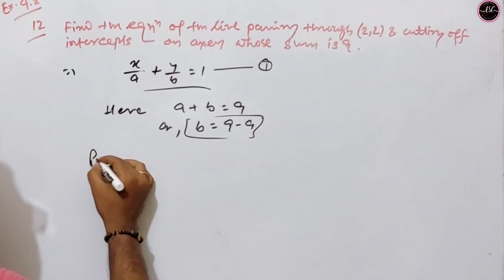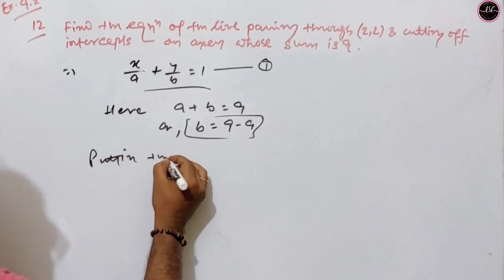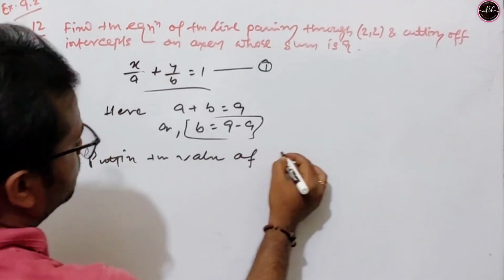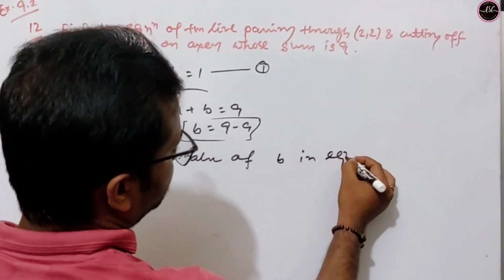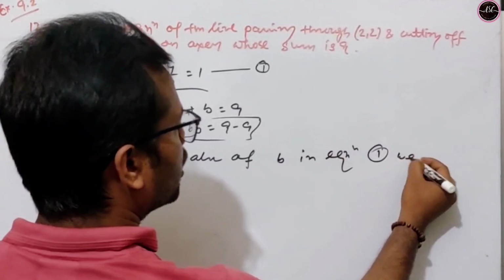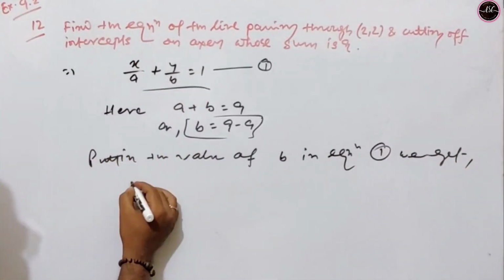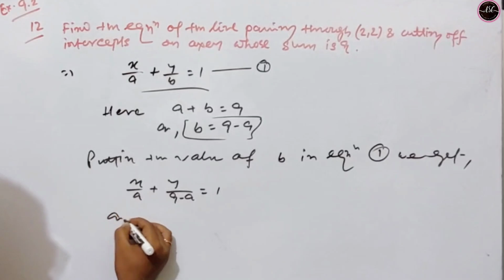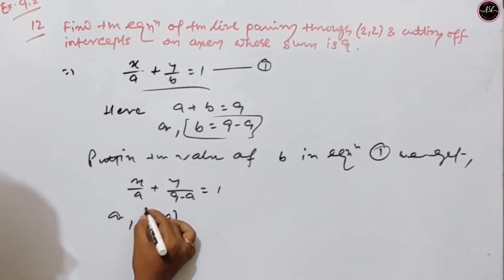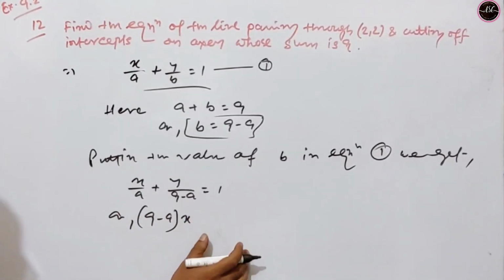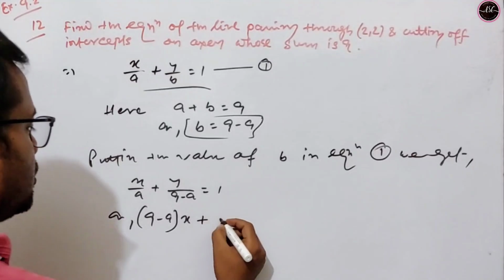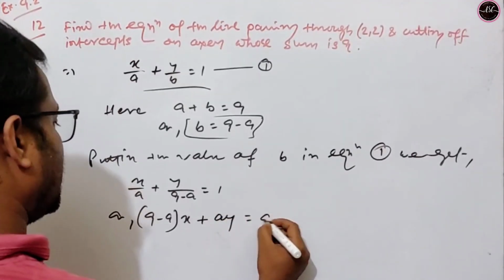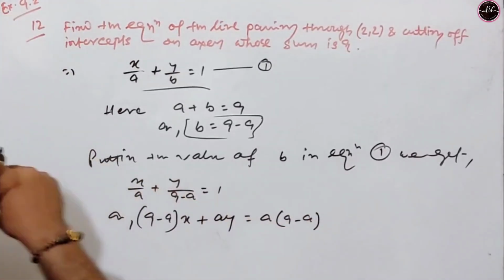Putting the value of b in equation 1, what do we get? x by a plus y by (9 minus a) equal to 1, or (9 minus a) into x plus a y equal to a into (9 minus a).